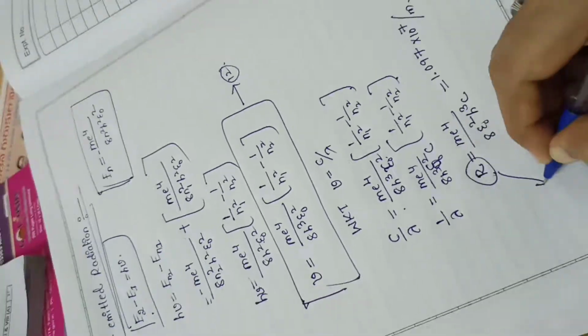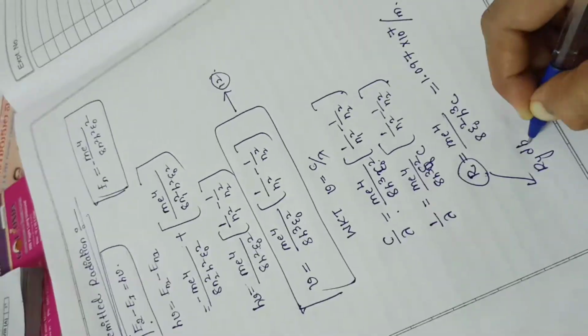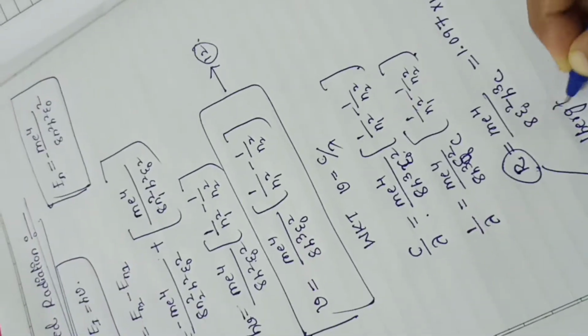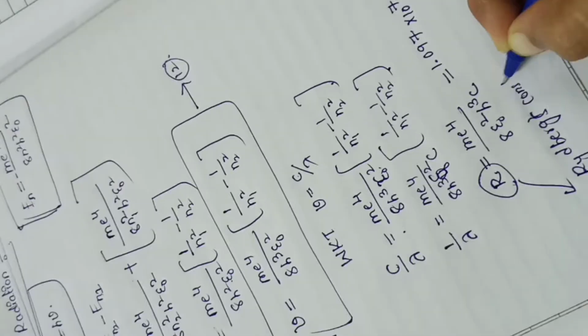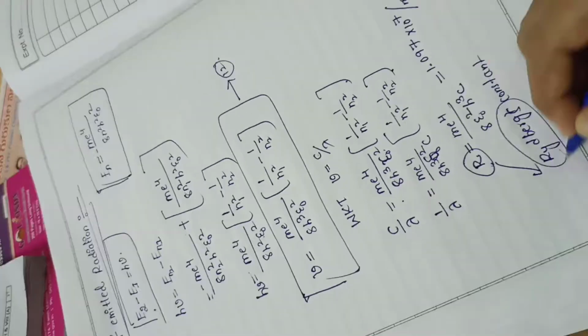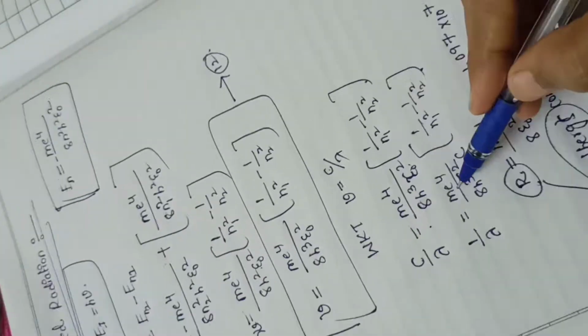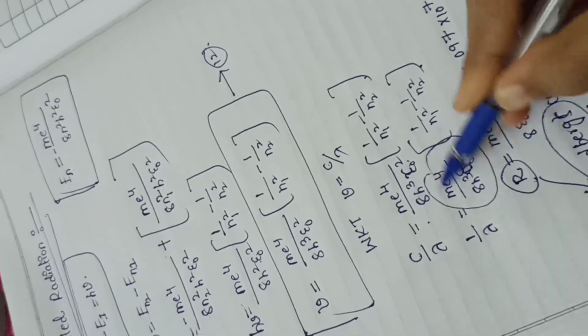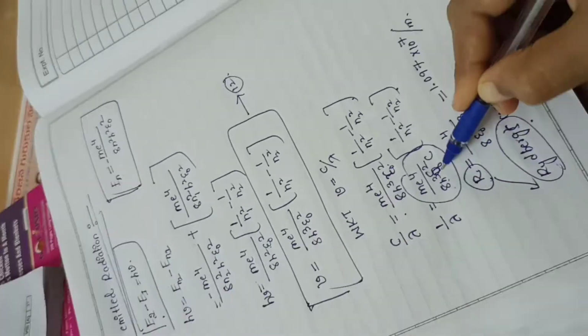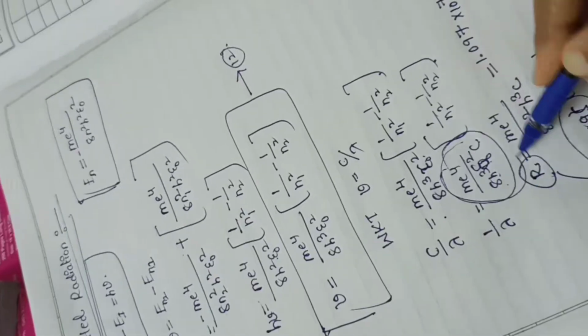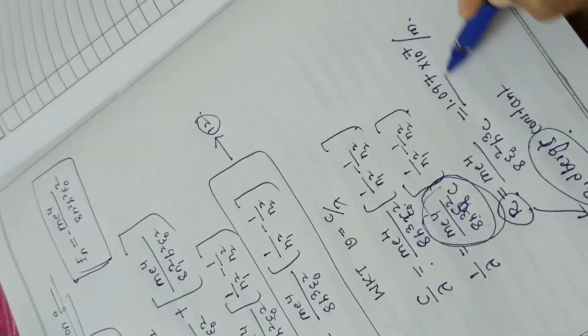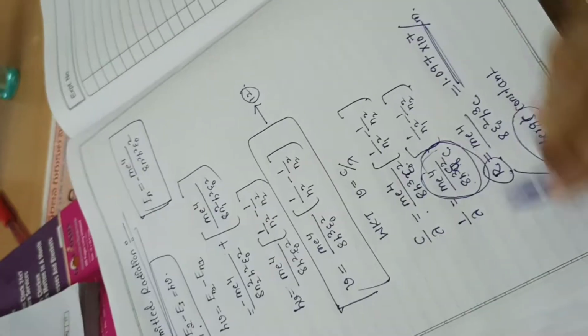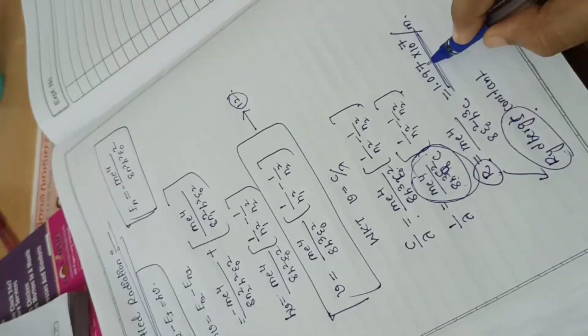Here R means Rydberg's constant. Rydberg, a scientist, has given the value of m e power 4 by 8 h cube epsilon naught square c. After substituting all these values, you will get 1.097 into 10 to the power of 7 per meter.